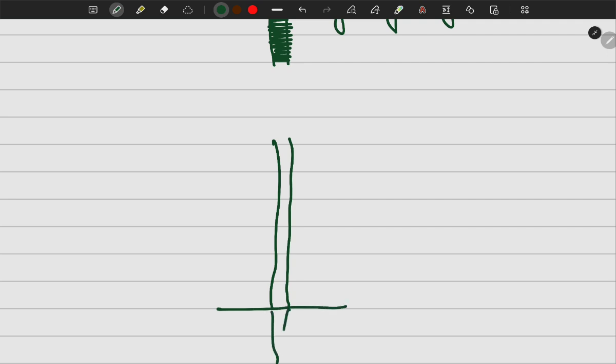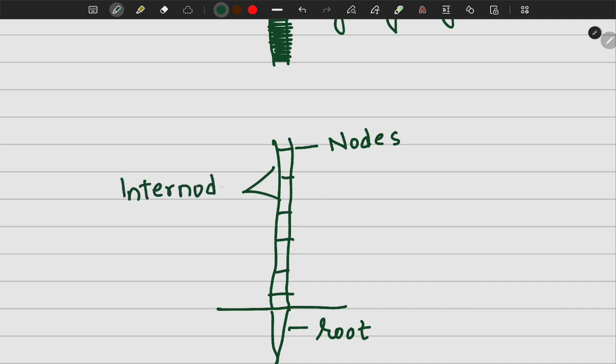So if this is the stem, which is the aerial part of the plant, we just now studied that stems have nodes and internodes. Nodes are the portions from where leaves arise.